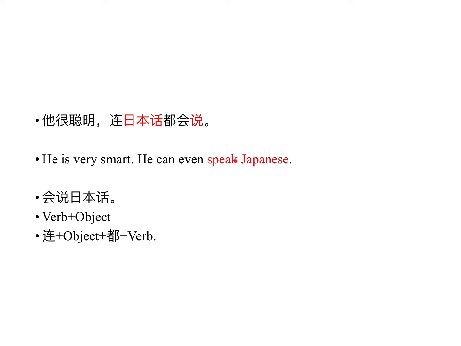As you noticed, we move the object after 连 and move the verb after 都. So here, if the thing you want to emphasize is a verb-object phrase, you need to move the object after 连 and move the verb after 都. So here, 连 object, 都 verb. 连日本话都会说.